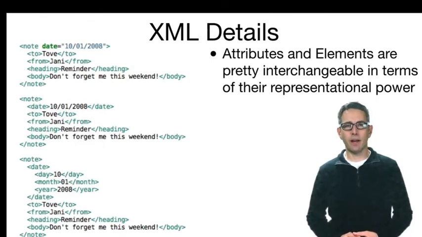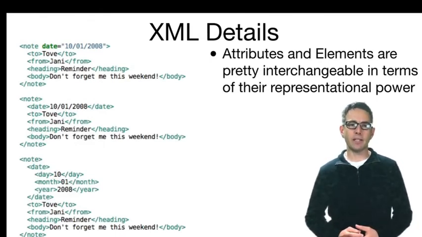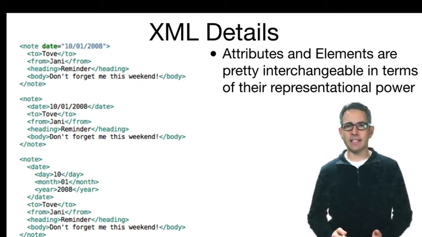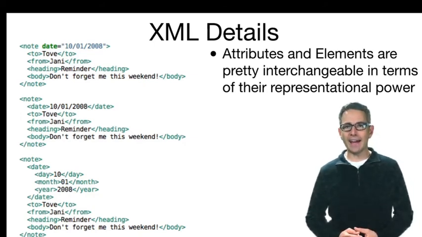Here's another example of attributes and elements being pretty interchangeable. This is that same note example we started with. And in this case, we want to apply a date. Maybe it's the date at which the note was created. Well, we could either do that by adding an attribute to the note tag, which is called date, and which as a string has the date when it was created.